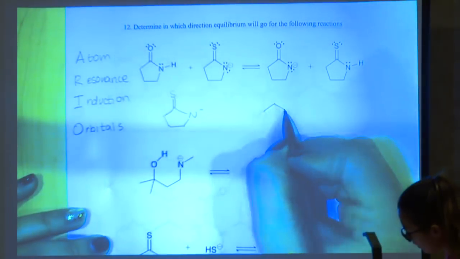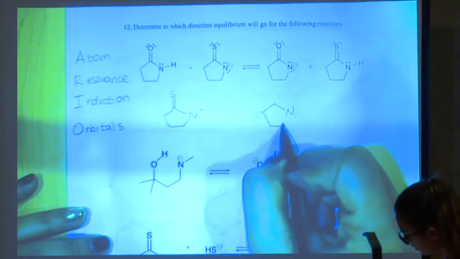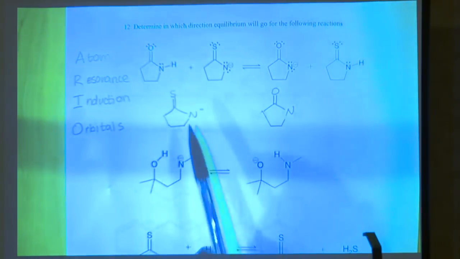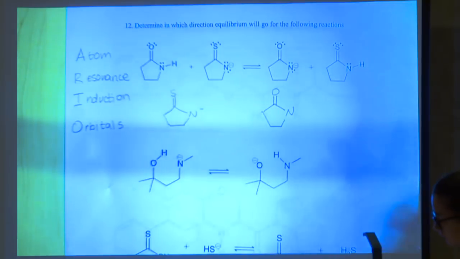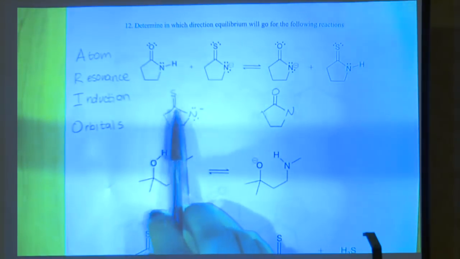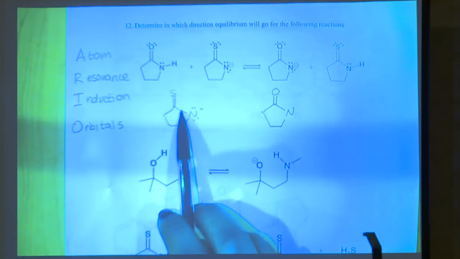So now we have this versus this. What does the resonance of this one look like? So this double bond goes here to make a double bond here.